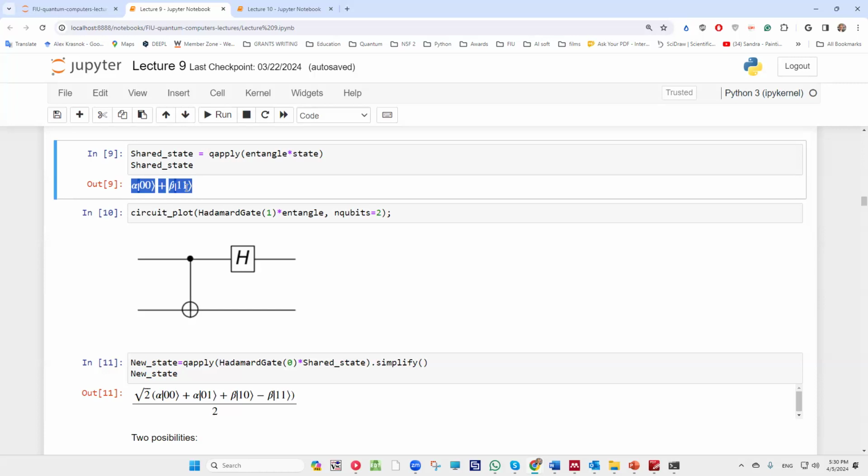This is a very interesting phenomenon. It's called quantum non-locality. It doesn't break any physical law, like Einstein's maximum velocity of information transfer, which is the speed of light, and so on.